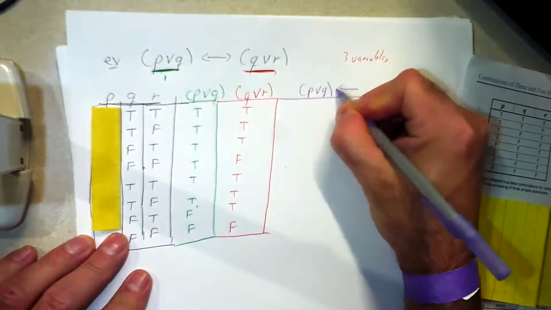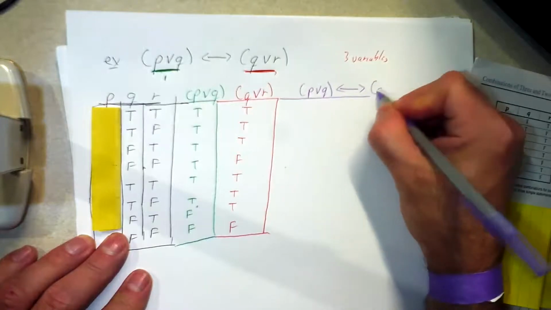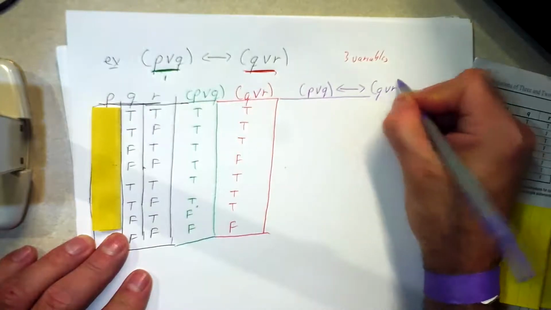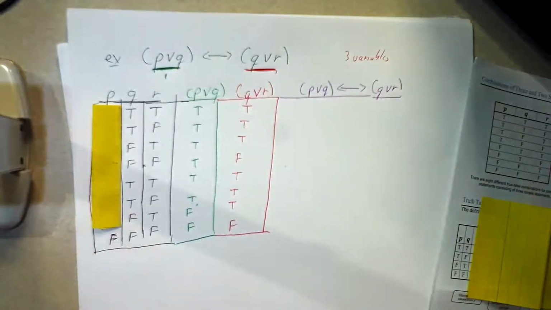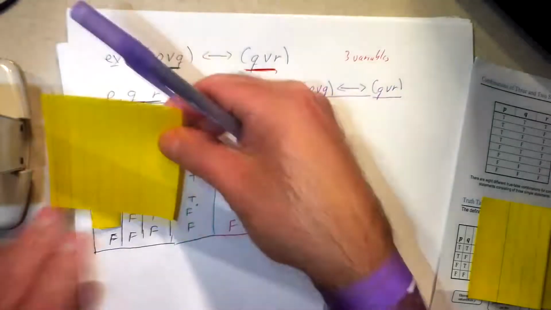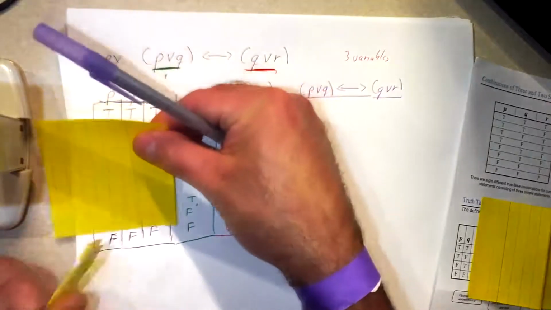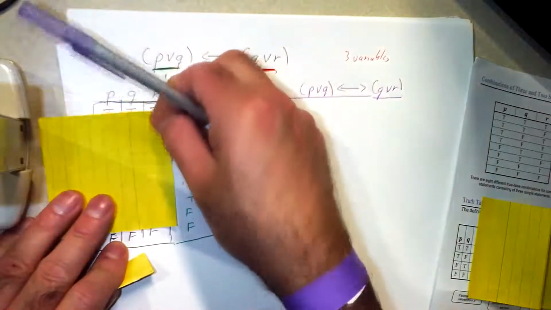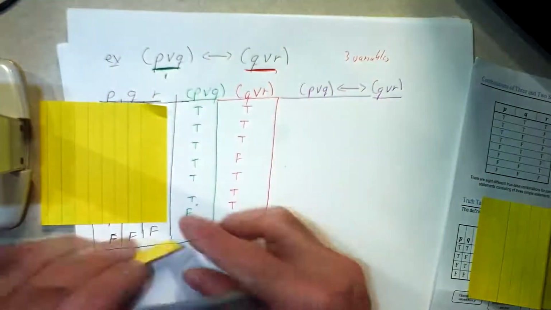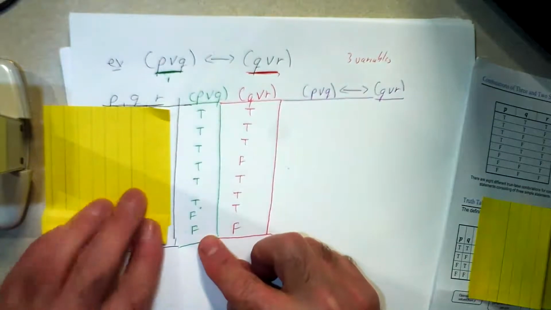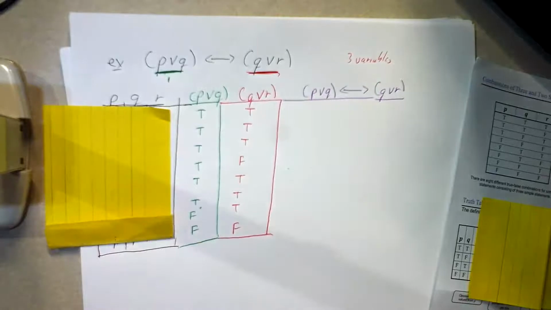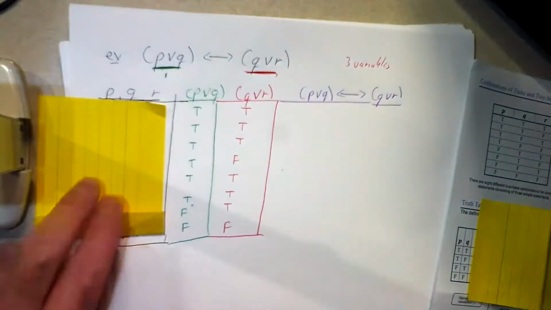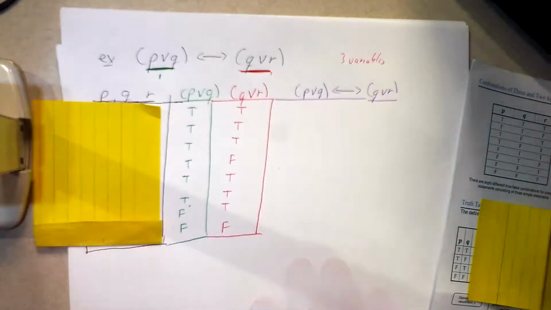Double arrow, Q or R. So I'm going to perform the connective to those two columns, the red and green.